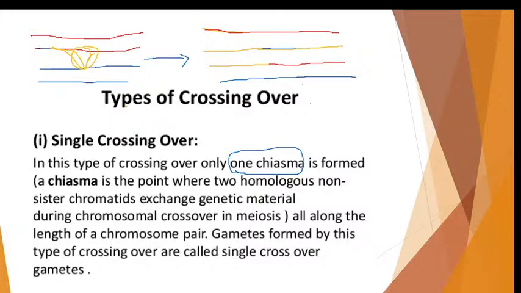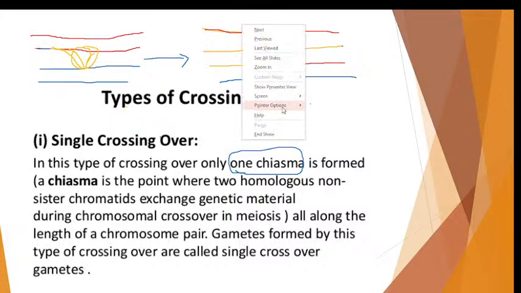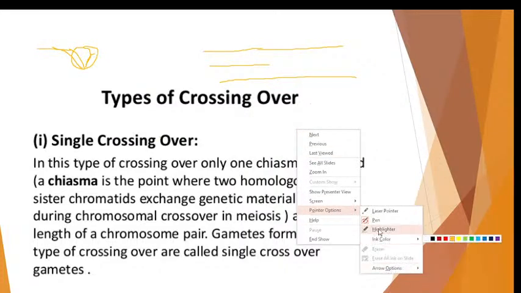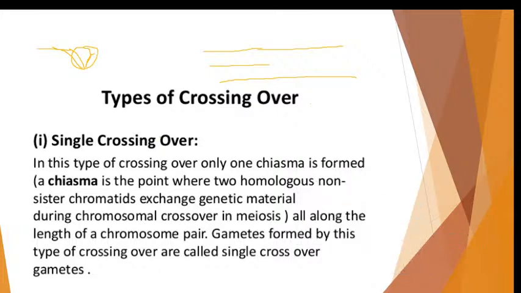So, if the chiasma formation is only at a single point, this type of crossing over is called single crossing over, meaning only one chiasma is formed.